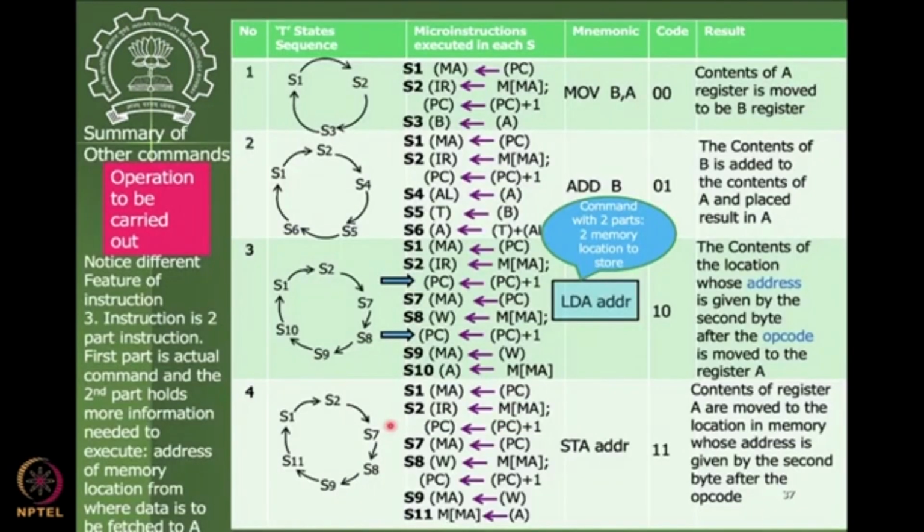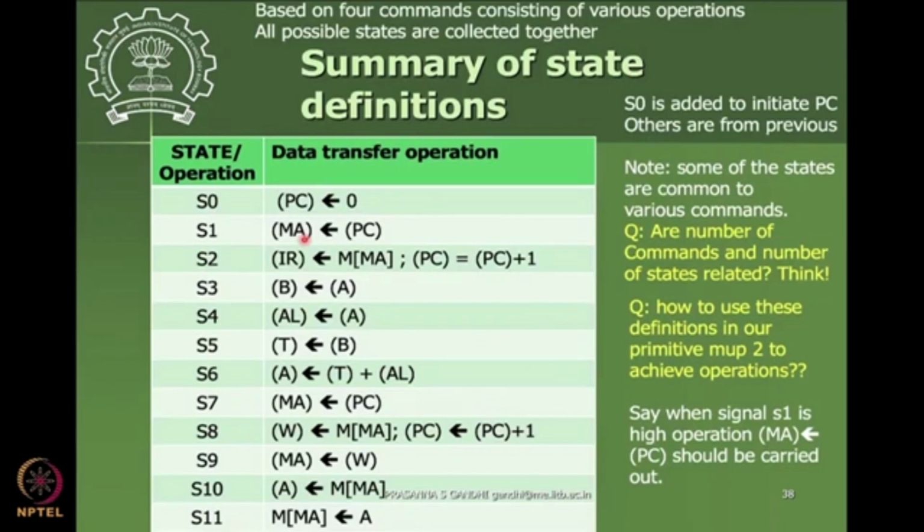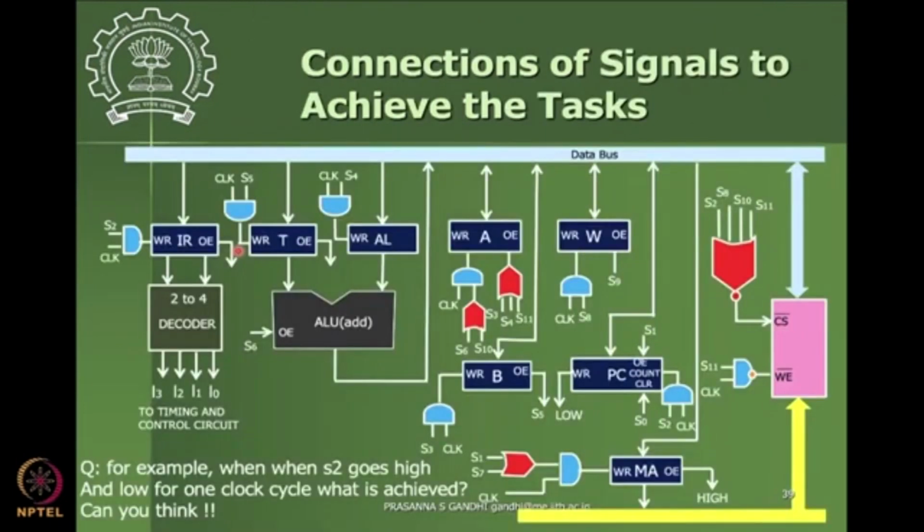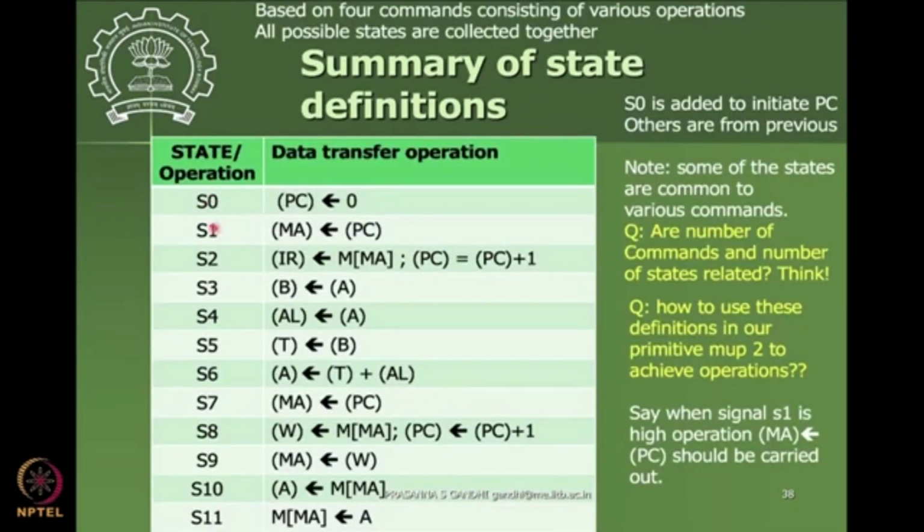We have these 4 commands defined for this microcontroller, and we want to execute whatever commands are written by the programmer. When a command is issued, the corresponding operation should happen, and that is what we want to make sure of. So we start generating a state diagram which is dependent upon the 4 instructions that we have. S0, S1, S2 will be executed anyhow.